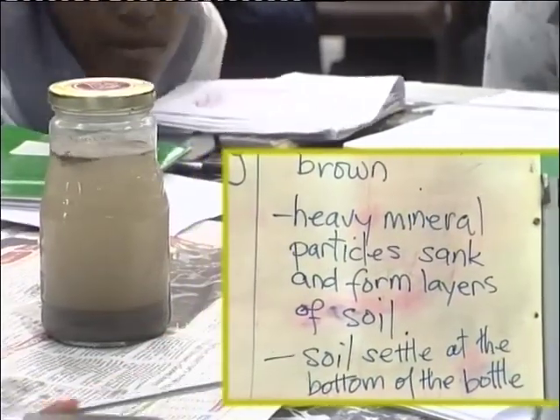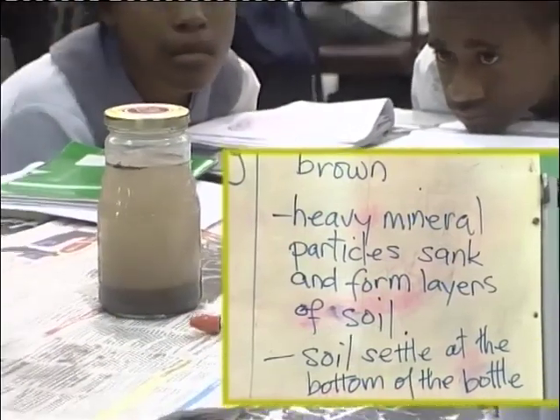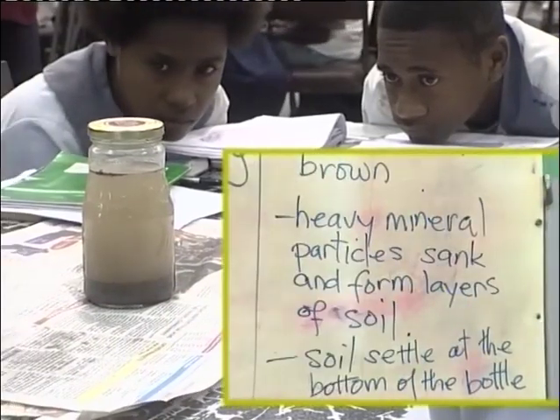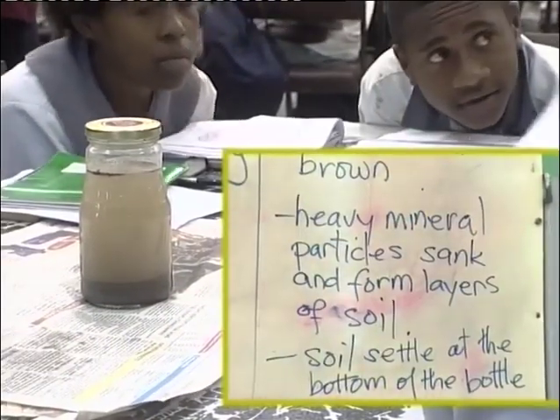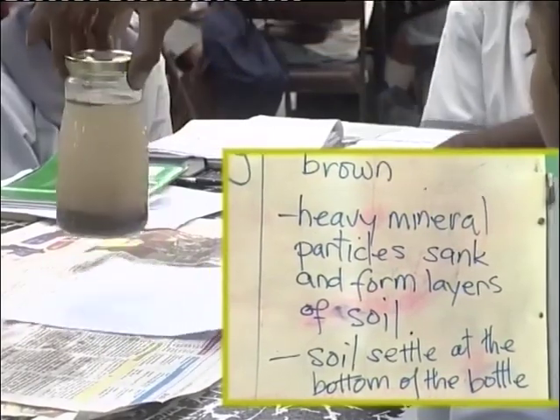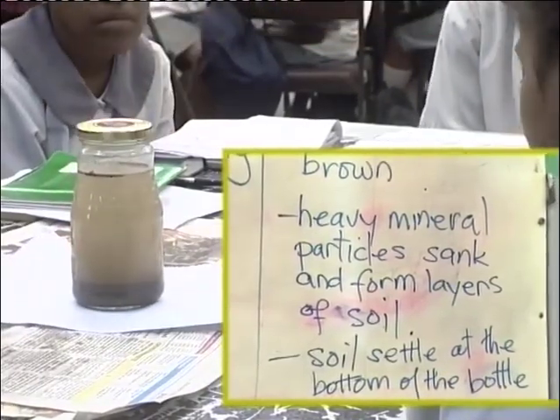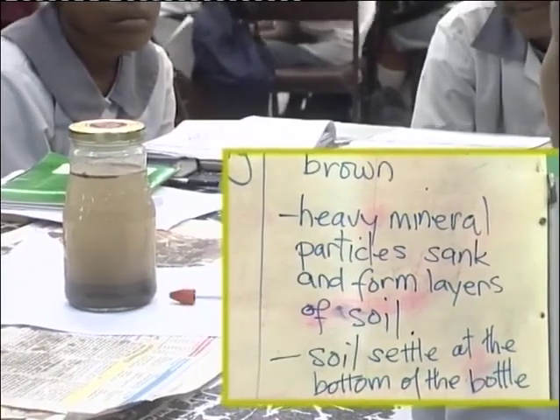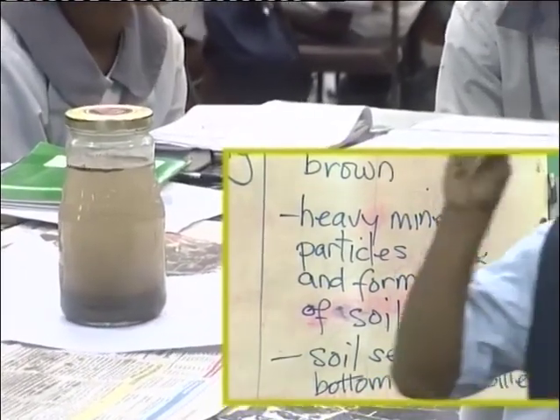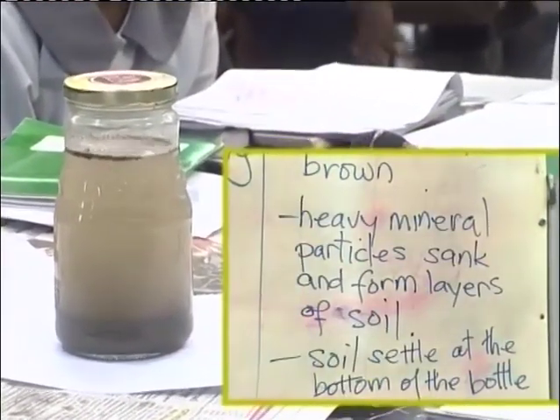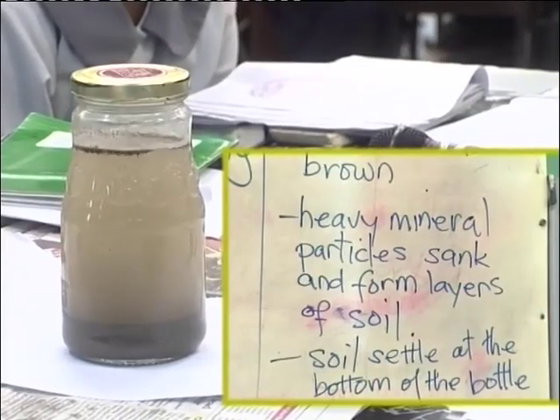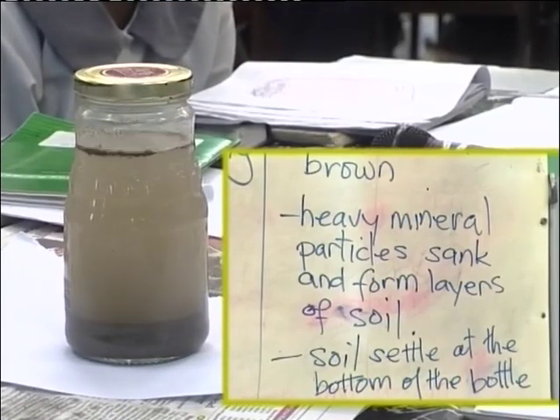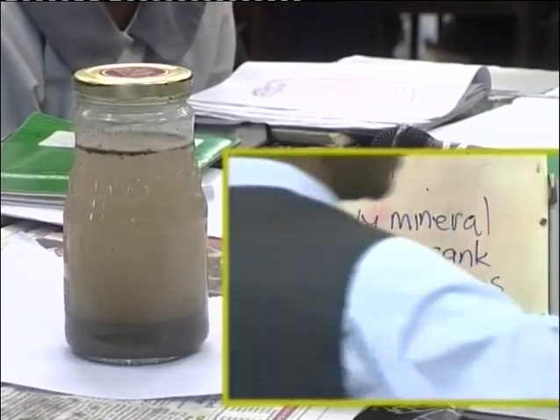So right at the bottom, you will see the different sizes of particles of soil. And then there's the next layer, which is very, very fine. And then there's water, and at the top surface of the water, what do you find?